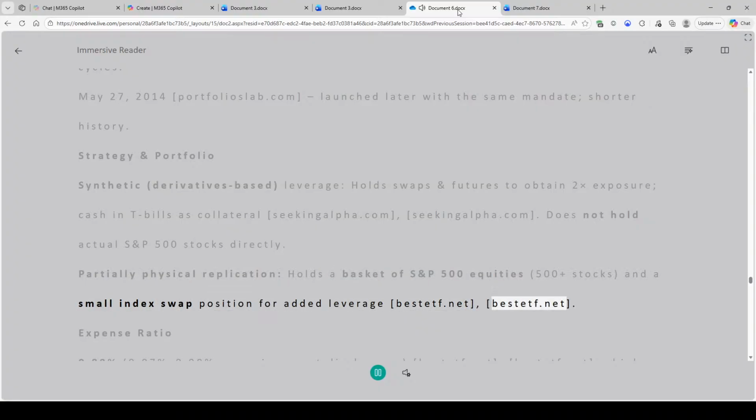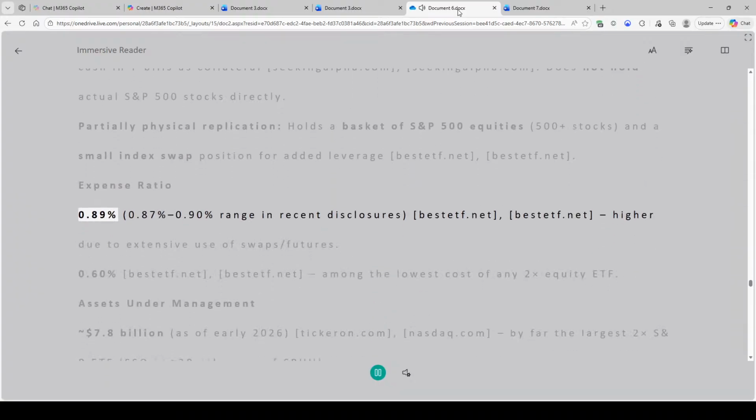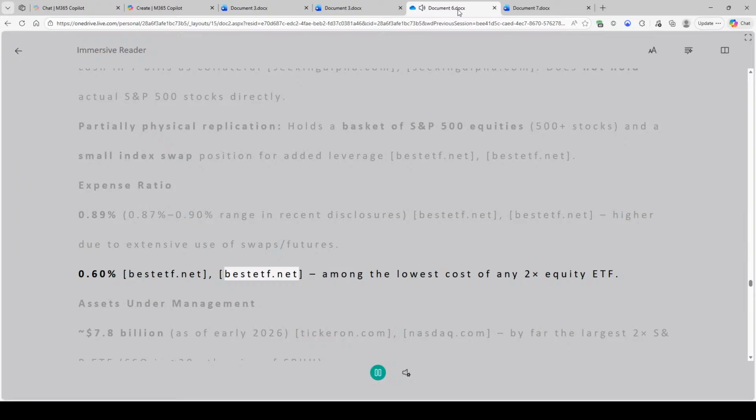Expense ratio: 0.89%, 0.87% to 0.90% range in recent disclosures, higher due to extensive use of swaps/futures. 0.6%, among the lowest cost of any 2 times equity ETF.